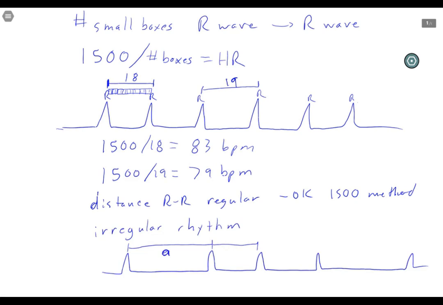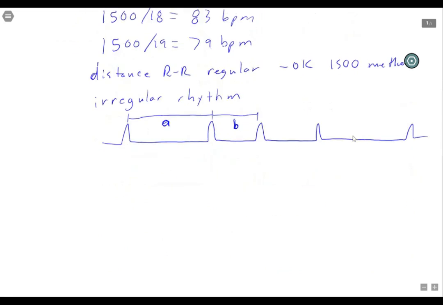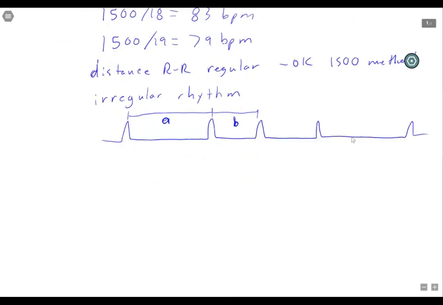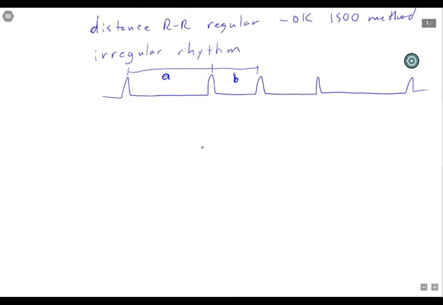It's going to be a lot slower heart rate. If you look at the distance between the next two R waves, we'll call that distance B. That's a much shorter distance, and that's going to give you a much higher heart rate, and they're going to vary considerably. So we can't use the 1500 method if the rhythm is too irregular.